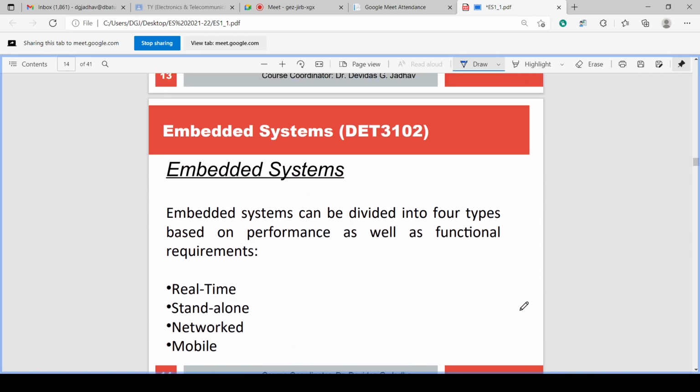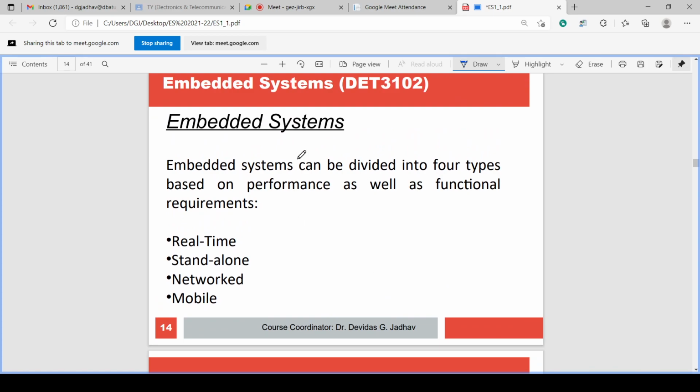Now the embedded system can be divided into 4 types, based on performance as well as functional requirements.